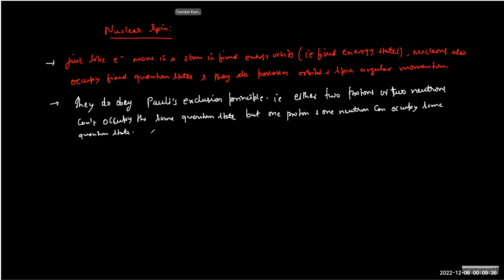So two neutrons cannot have the same quantum state, two protons cannot have the same quantum state, but one proton and one neutron can occupy the same quantum state, which means nature favors pairing. So nature always gives more stability to that configuration in which one proton comes along with one neutron. And now there comes the issue with the heavier nuclei. In heavier nuclei, the neutrons start getting more and more in number.